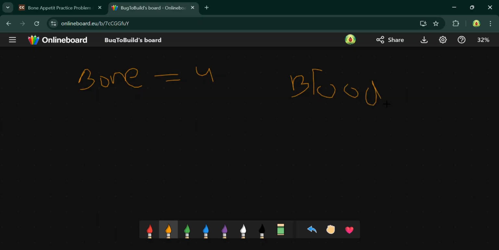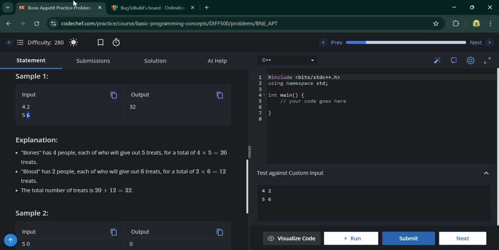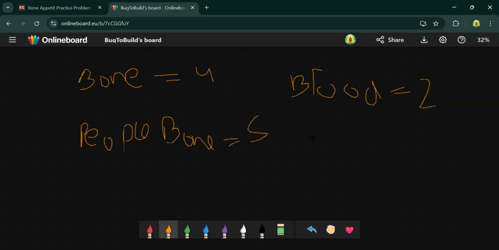The treats for people in bones is given as 5, and for people in blood is given as 6.